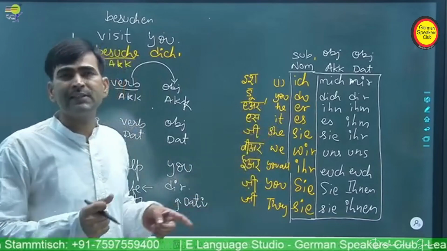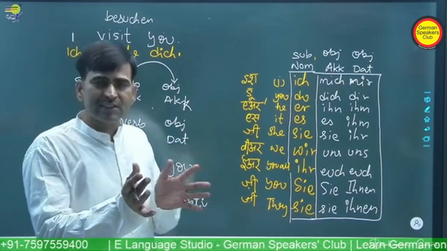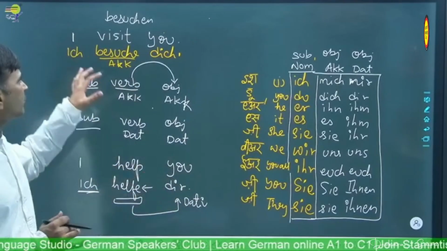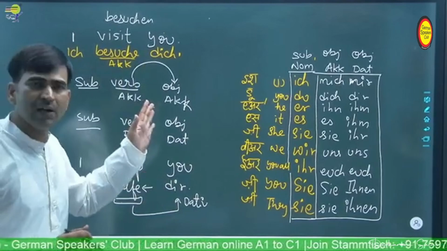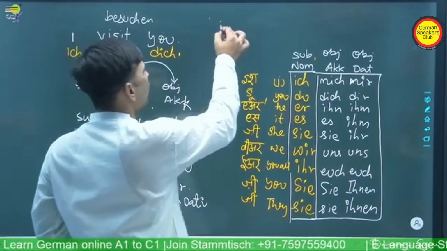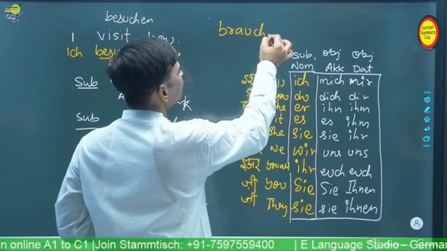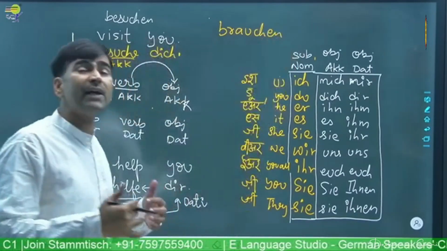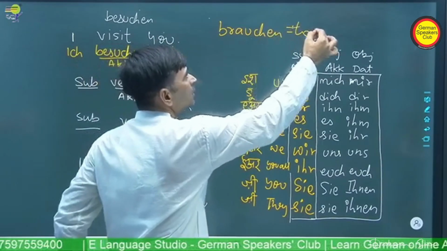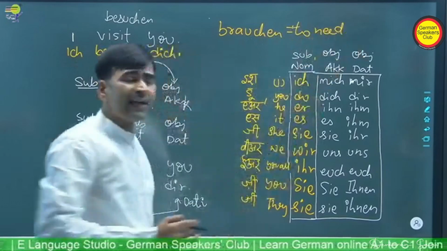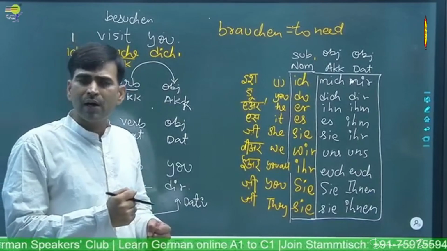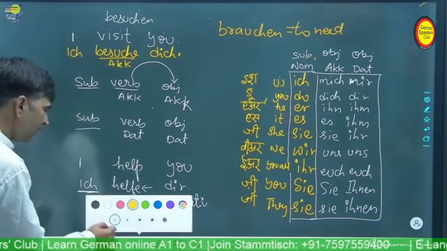Some people come to me and say, please tell me how to make sentences, but how would you make them unless you get to know about these lists? Some people don't want to learn the lists and say we just want to learn the sentences, but you cannot do it unless you have gone through that short form of dativ, which was for the dative category, and then see how quickly you can make sentences. In this way, one by one, you can learn things systematically. You won't be scared. Ich besuche dich, because the verb besuchen is accusative.